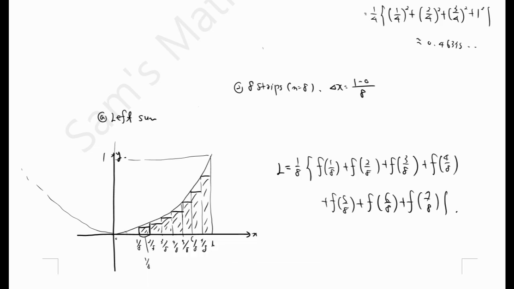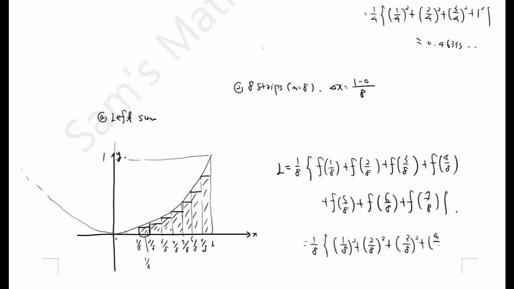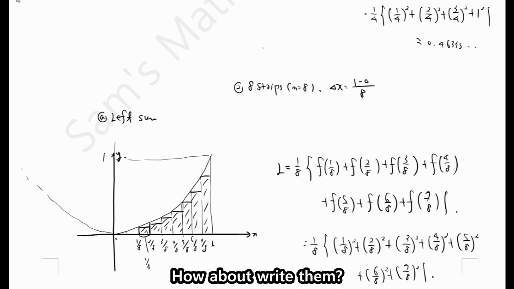This is the answer, and this is 1 over 8 times (1 over 8 squared plus 2 over 8 squared plus 3 over 8 squared plus 4 over 8 squared plus 5 over 8 squared plus 6 over 8 squared plus 7 over 8 squared). This is the answer. So how about the right sum?